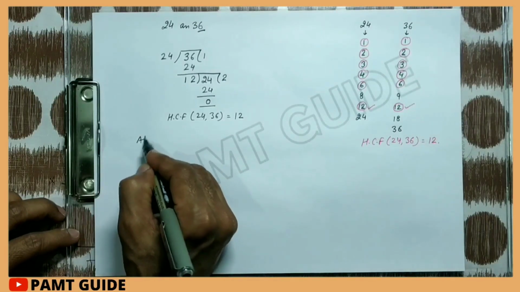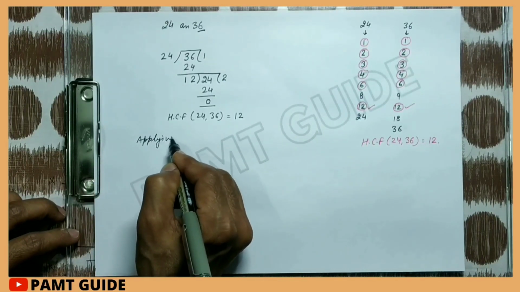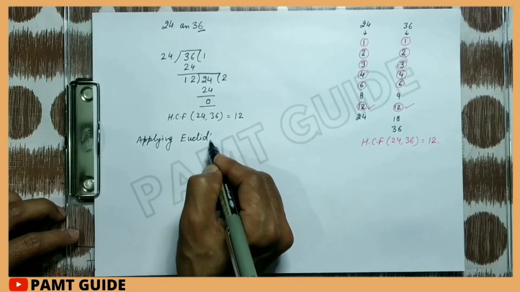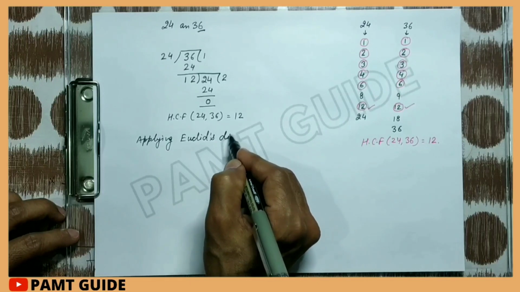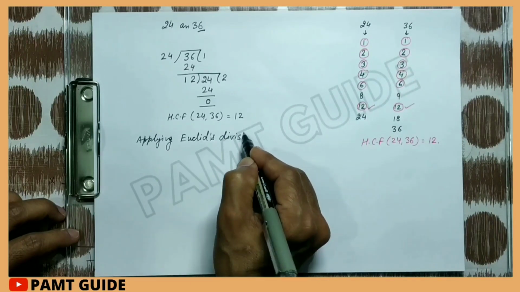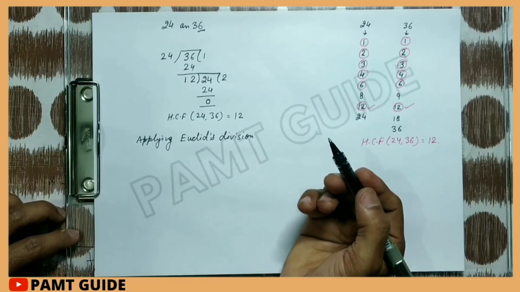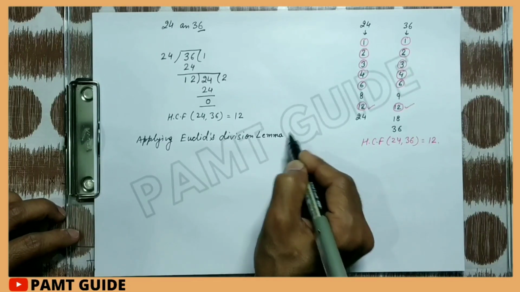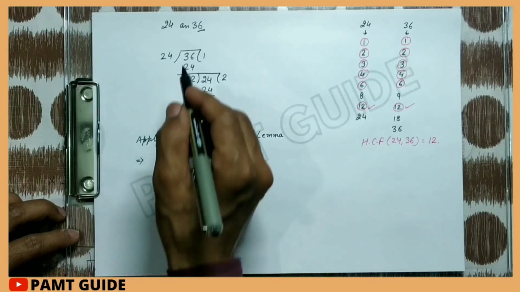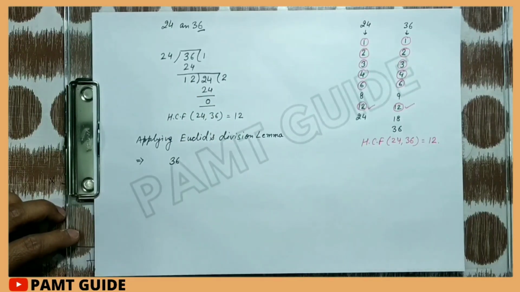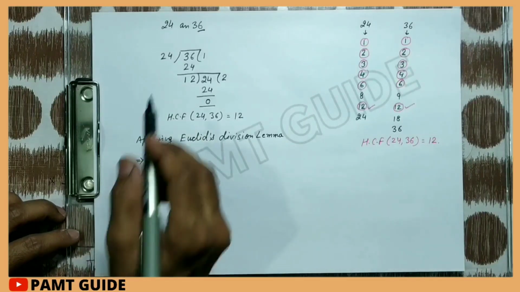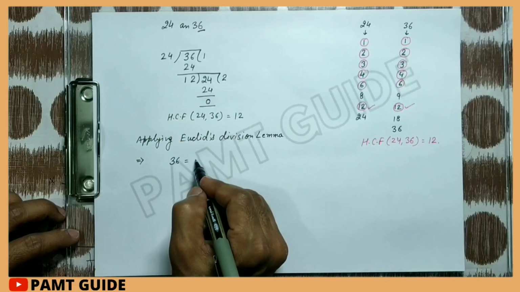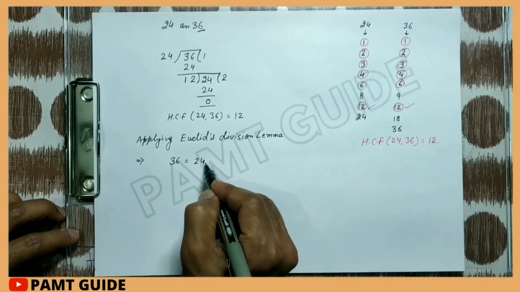Now applying Euclid's division algorithm, or Euclid's division lemma, we write it in the form of Euclid's division lemma that 36 is the dividend and it is divided by 24 and the quotient is 1.